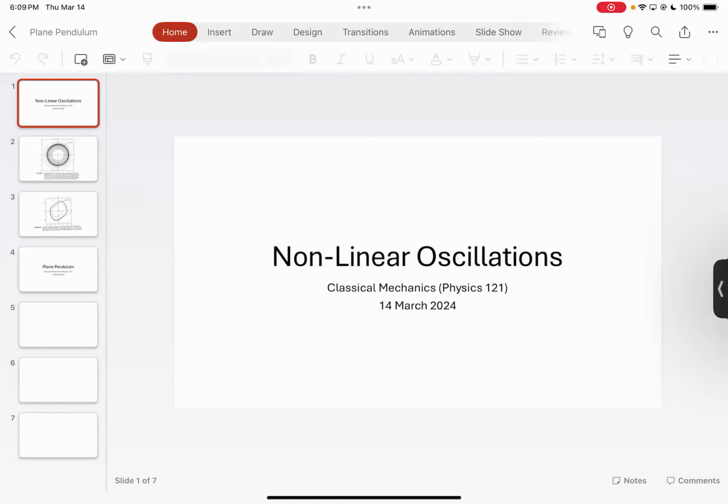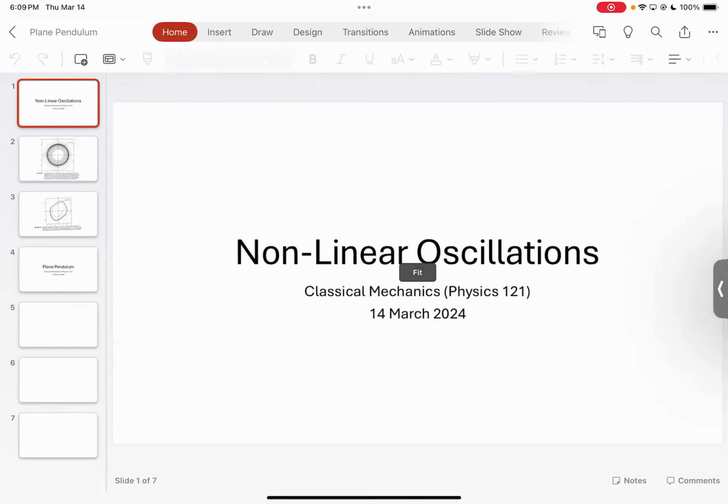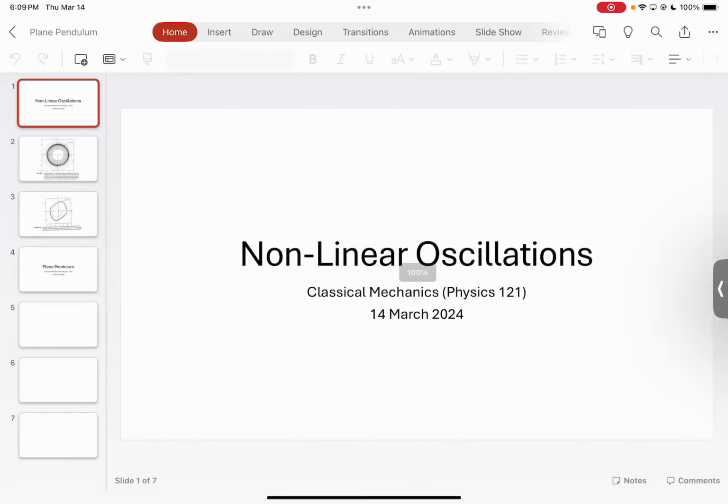Last time we started to discuss nonlinear oscillations, di ba? And in those discussions, basically we discussed an example, and we showed that the example can be described by a force that has a nonlinear component, the x cube component, okay?